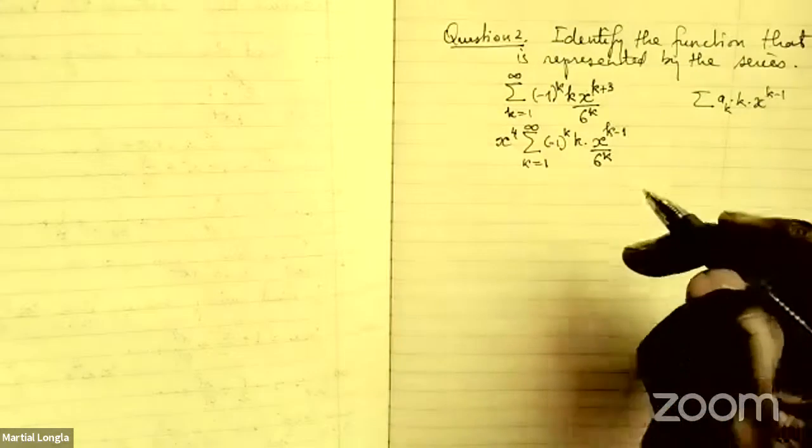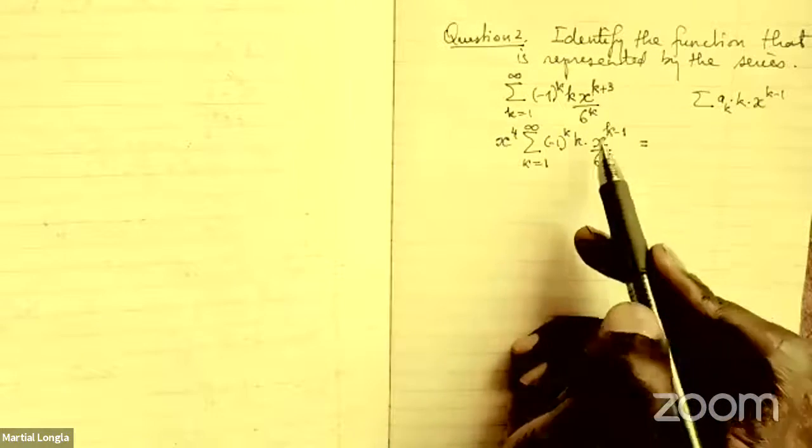Now, once you get this, you can make sure you have the same power for these two to put them inside and combine them to get one single thing. So that's going to be x to the power 4, and then sum k from 1 to infinity, negative 1 to the power k, and then x over 6 raised to the power k minus 1.